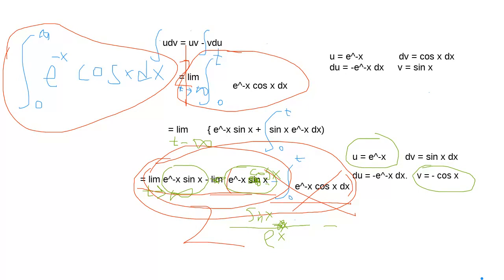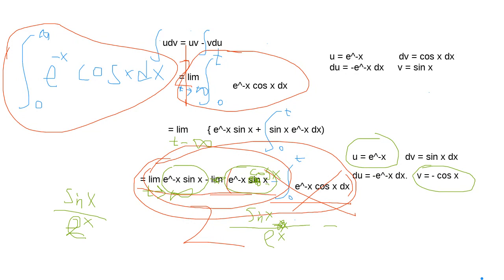T goes to infinity, the denominator, so e to the negative x goes to x, sine x. It's a half or negative half, the answer key. So I have sine x e to the x, positive half.